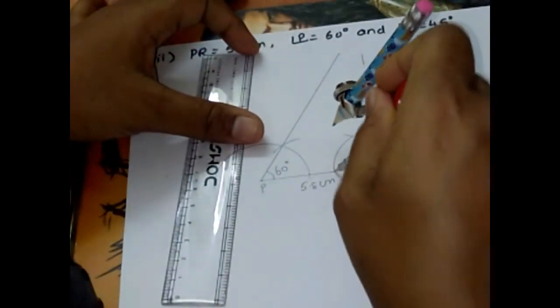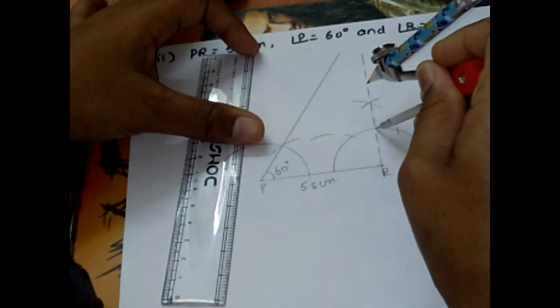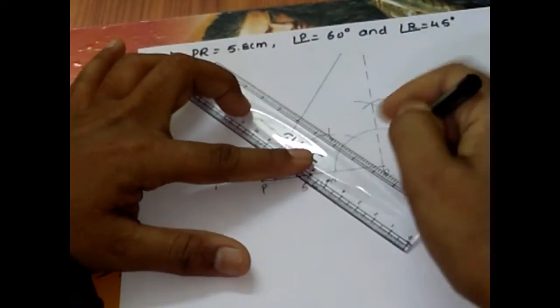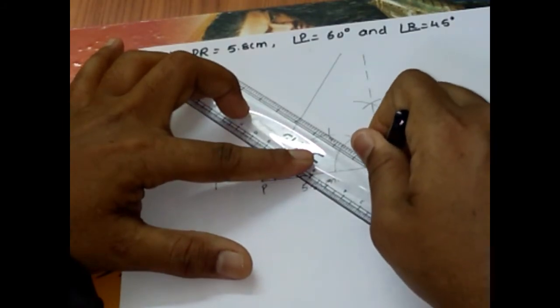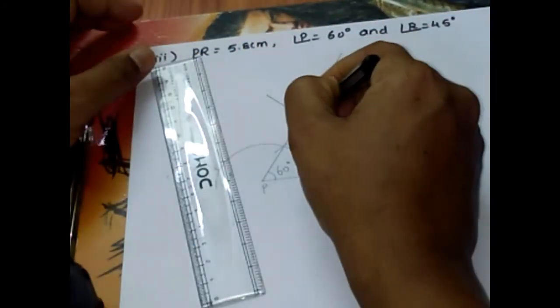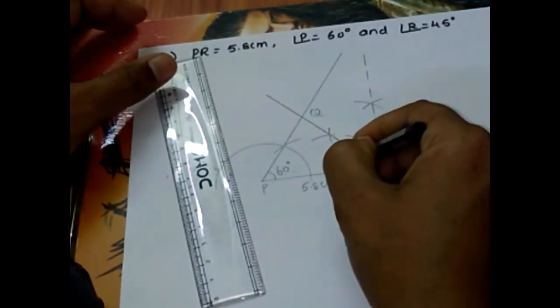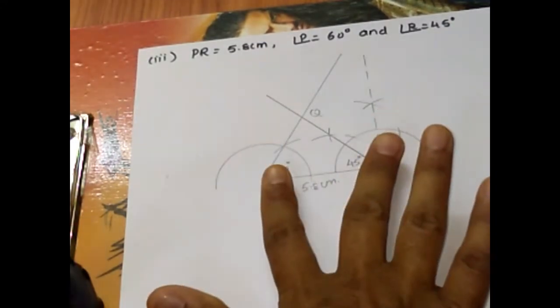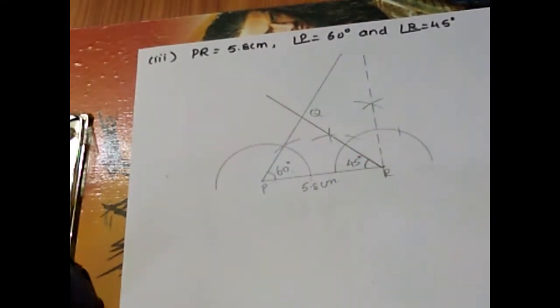Next, bisect the 90 degree, you will get 45. So the intersection point of both the angles will be Q. This is 45 degree. So triangle PQR with a baseline and two angles. So try to complete this, children.